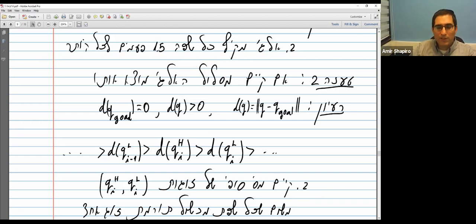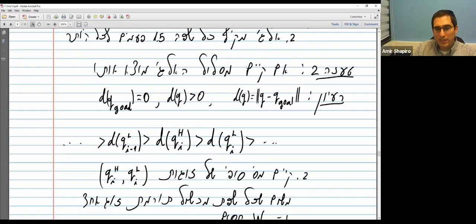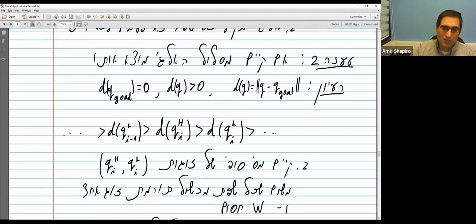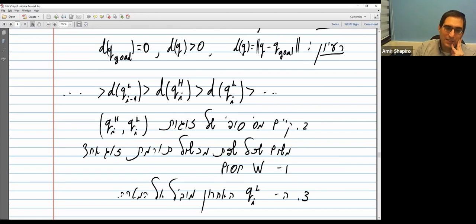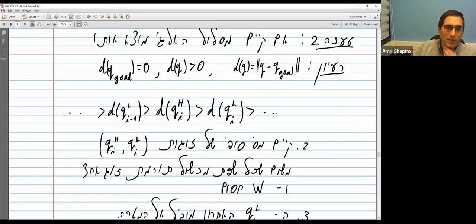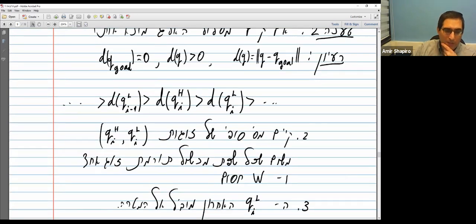And since we have a limited number of obstacles because the workspace is finite, there is a limited number of hit and leave couples, and it will get shorter every time, and the last Q leave will lead to the solution, to the target.